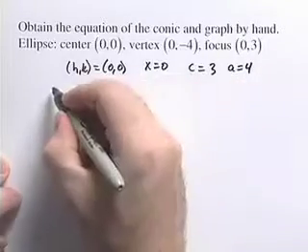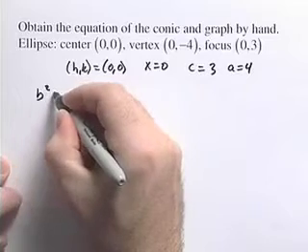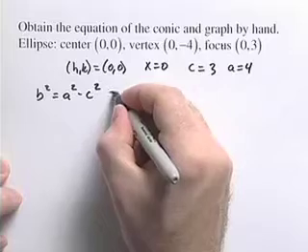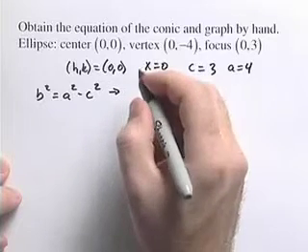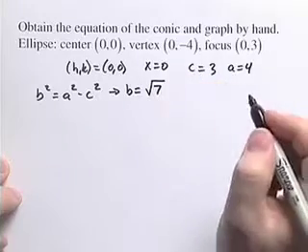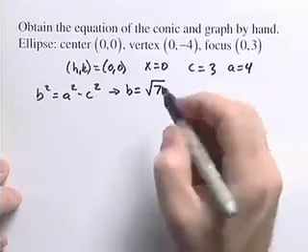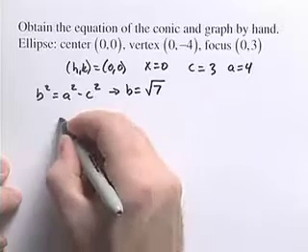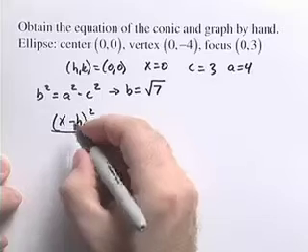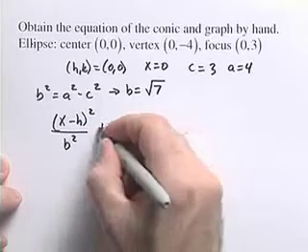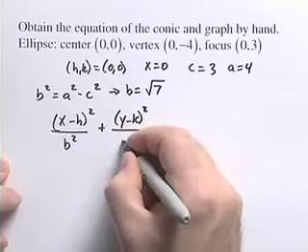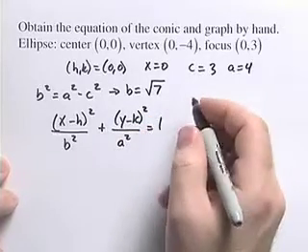Because we know c and a, we can get b using b squared is equal to a squared minus c squared. That will give us that b is equal to the square root of 7. Our ellipse then is going to take on the form (x minus h) squared over b squared plus (y minus k) squared over a squared is equal to 1.